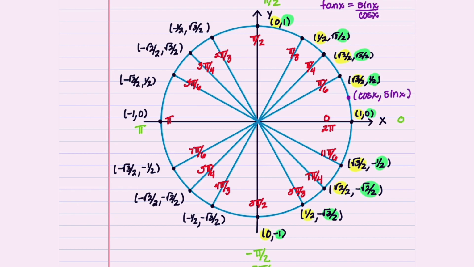When theta is minus pi over 2, our sine value is -1 and our cosine value is 0. So that means that the value of our tangent function is going to be -1 over 0, which is an undefined negative number. So we'll write that as undefined and put a little minus.